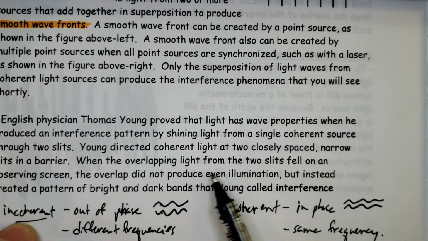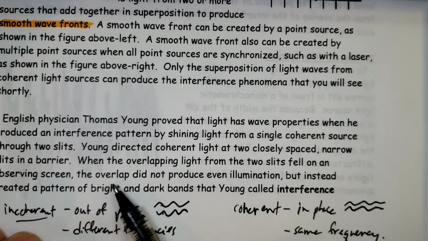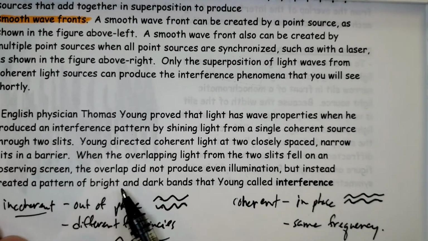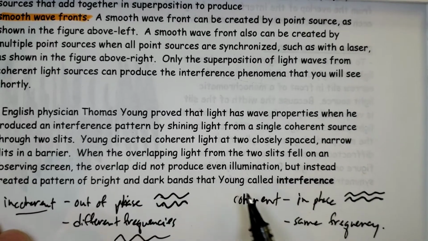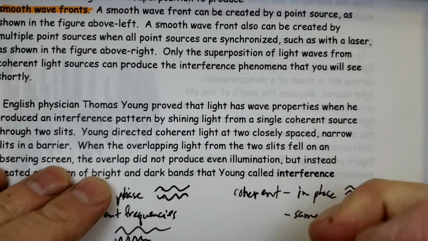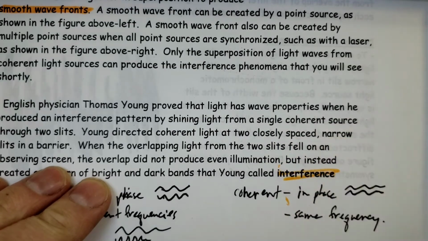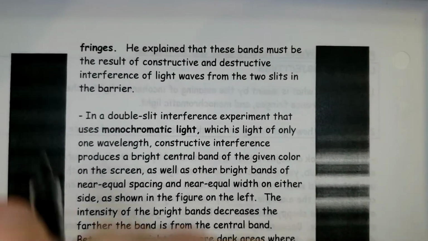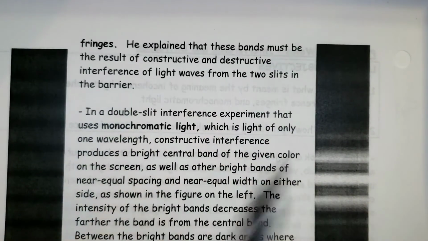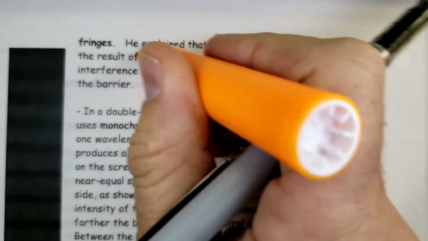When the overlapping light from the two slits fell on an observing screen, the overlap did not produce an even illumination, but instead created a pattern of light and dark regions, which Young called an interference pattern. So interference fringes.